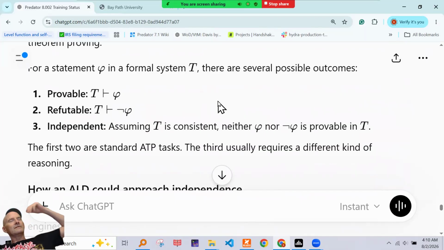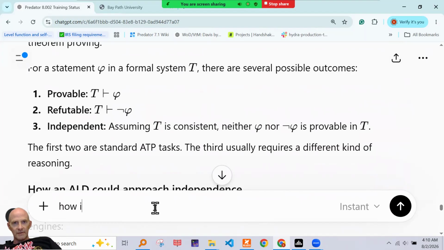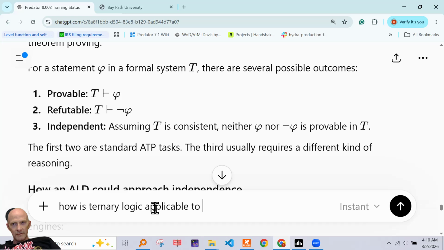I still think ternary logic. Let me ask you about ternary logic. How is ternary logic applicable to this situation?